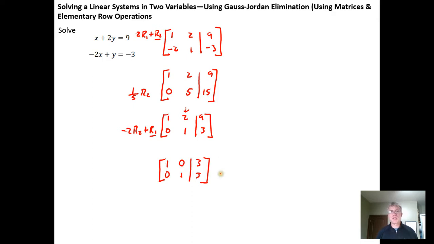So once I get it into reduced row echelon form, which I have right here, I want to interpret the result. And what I need to remember is that this is the x column and this is the y column. So if I think about what this is saying, 1x, I'll write this in a way that we usually don't, 1x plus 0y equals 3. Well, we usually wouldn't put a coefficient of 1 on the variable, and if it's 0y's, we would just usually say, hey, x is equal to 3.